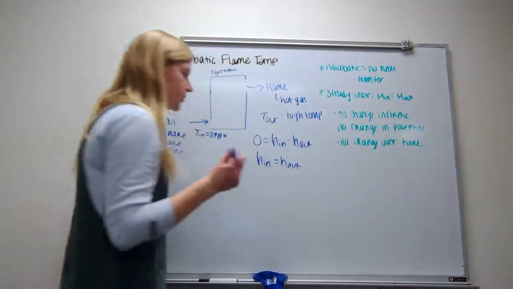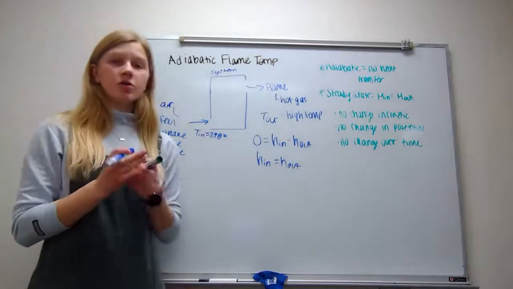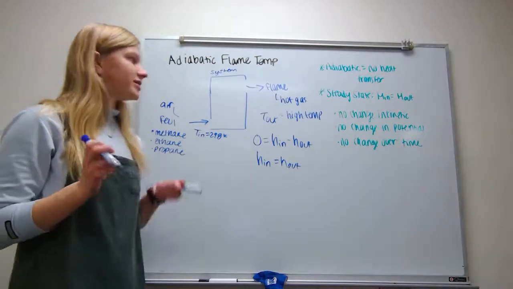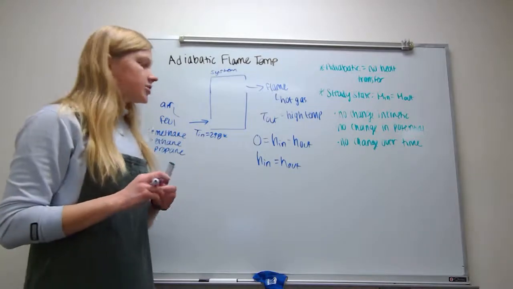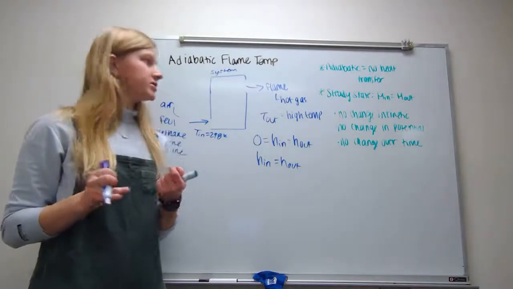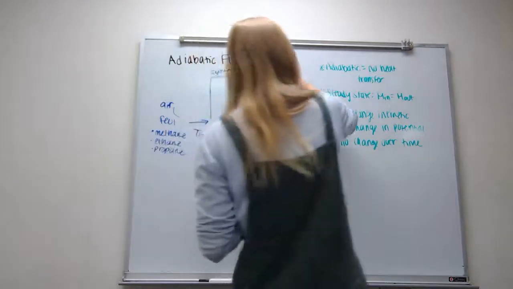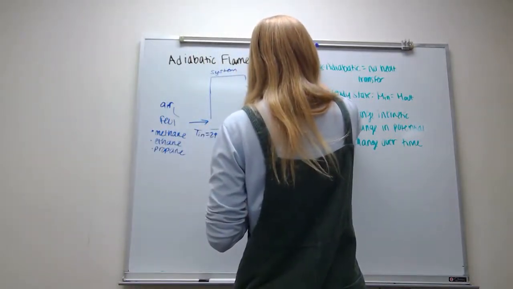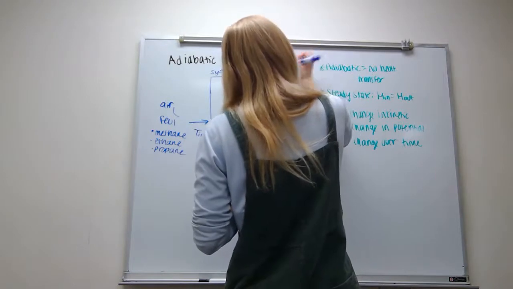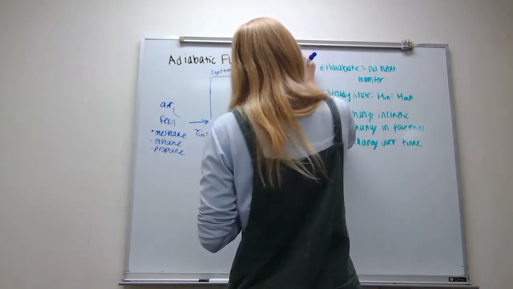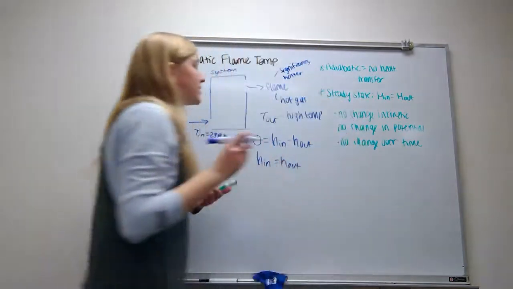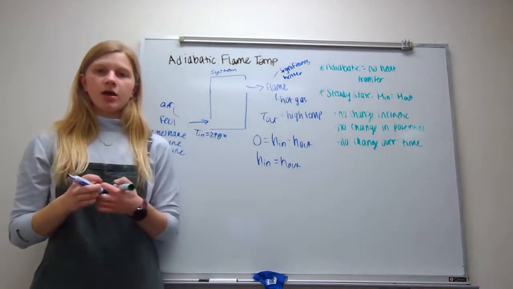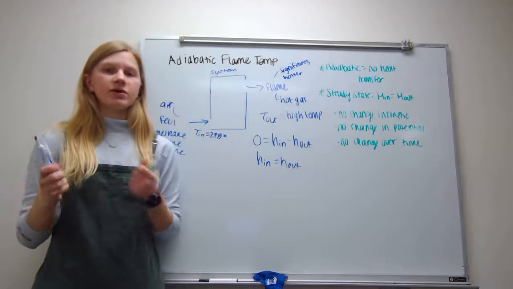So now what we want to do is incorporate our heat capacity for the change in temperature. In order to do that, we need to note that the flame is significantly hotter. So we can't multiply it by a constant heat capacity like we've done in the past.